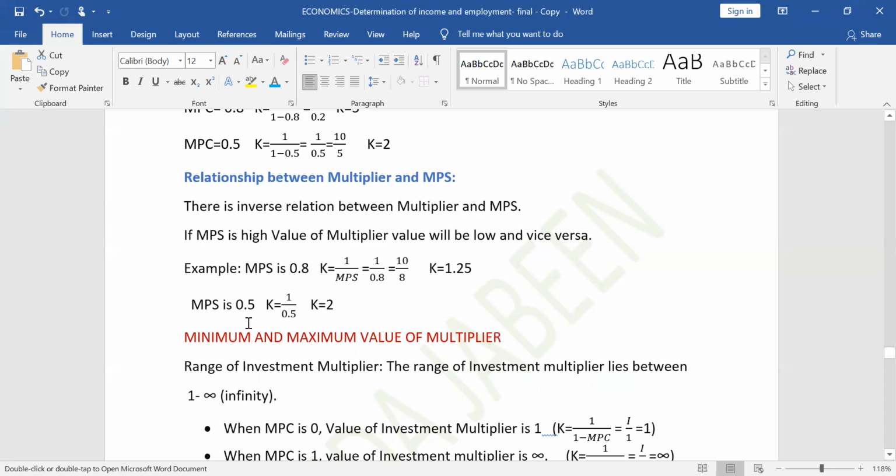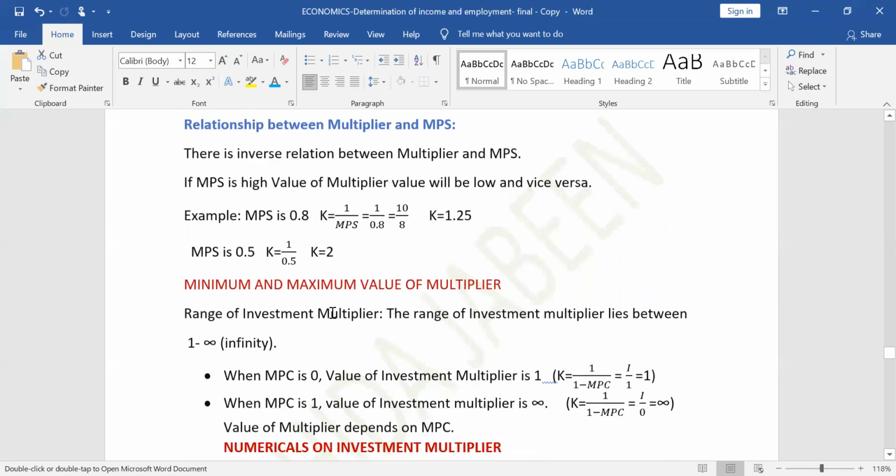Another example, if we take when the value of MPS is 0.5, means 50% of their income people are saving, the value of multiplier is 2. So when MPS was more, the investment multiplier was less. When the value of MPS is less, the value of investment multiplier is more.